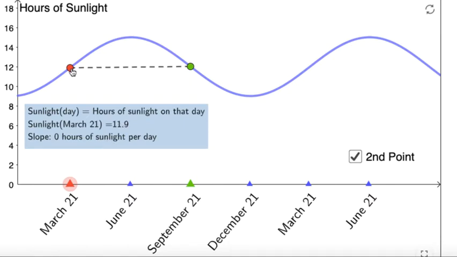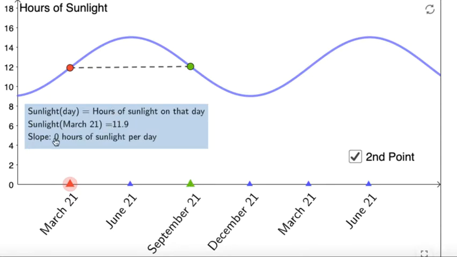And what that means is that the net change from March to September is 0 hours of sunlight. And so the average change would be 0 divided by however many days transpire between March 21st and September 21st, which would be a quarter of the year, so about 91 days.